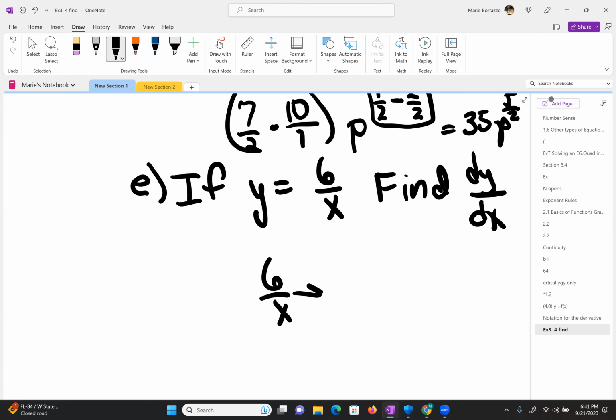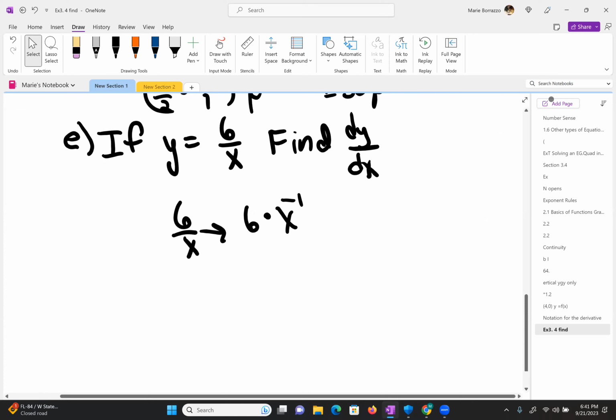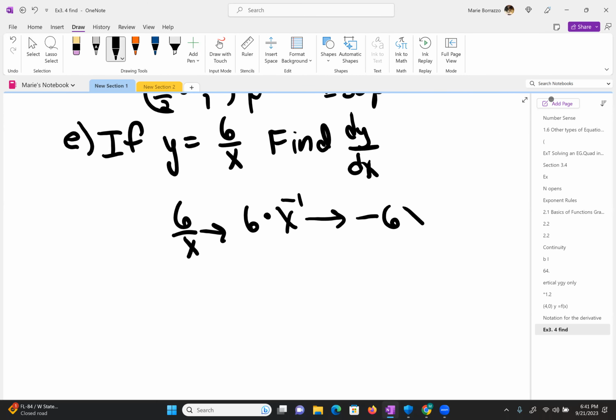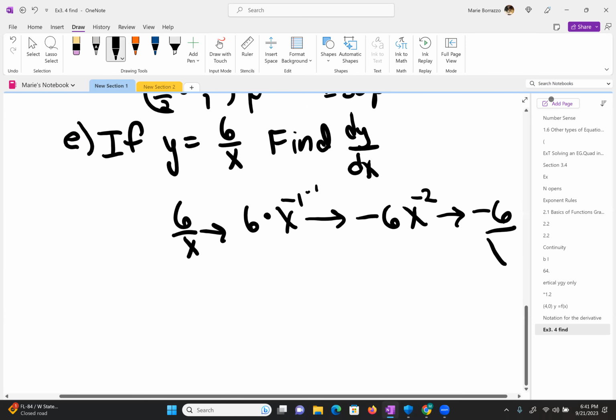Would you move this to be 6 times x to the -1, perhaps? And when you do that, if you multiply the number, this gives you -6x, take away another one, that gives you -2. Now you rewrite it. So technically this will be -6 over x to the +2. Final answer.